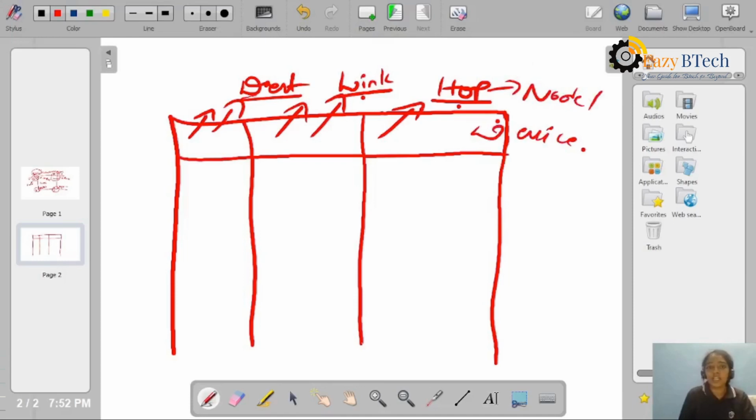Link means the connection between one hop to another, and the hop is the node.